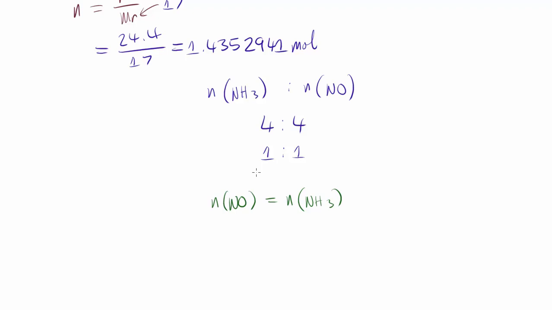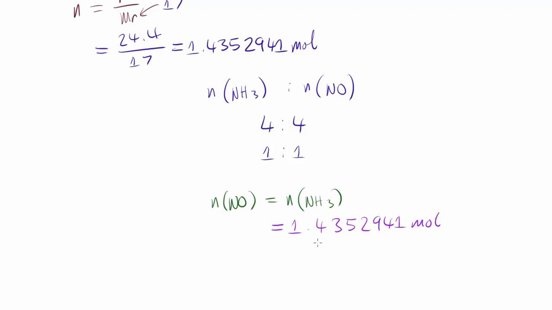But that also tells us something else, because we've already worked out the number of moles of the ammonia, right? So therefore the number of moles of nitric oxide is simply the number of moles of the ammonia.